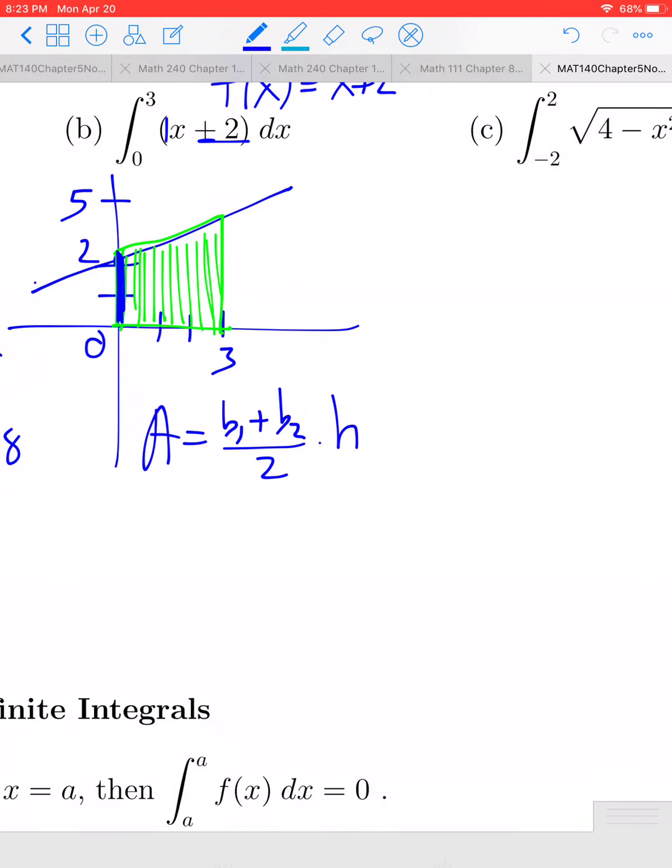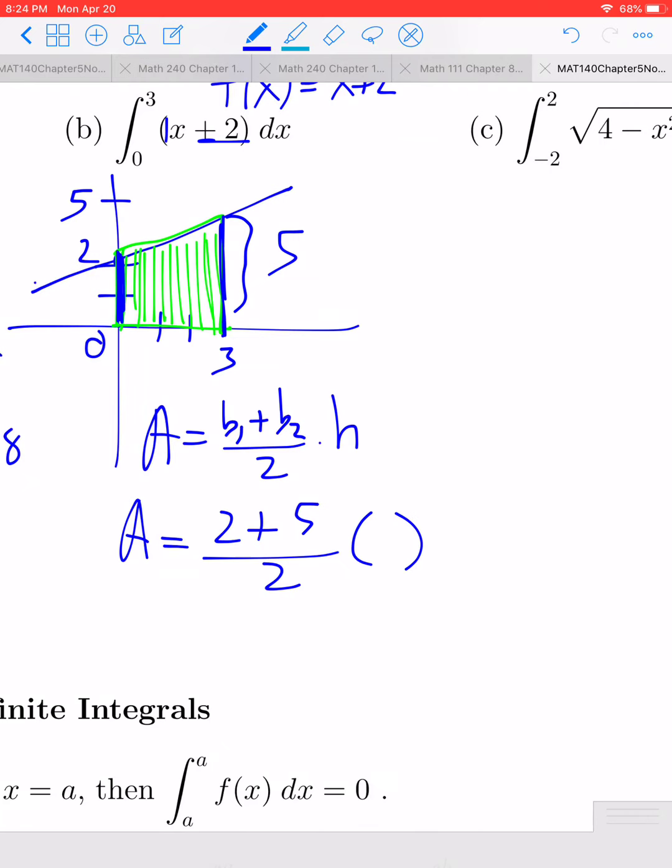This is of length 2. This would be the value of the second base. This would be 5, times the height of the trapezoid, which would be this dimension right here, which is of length 3.